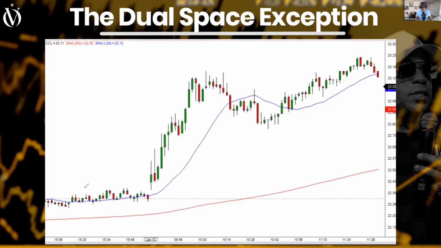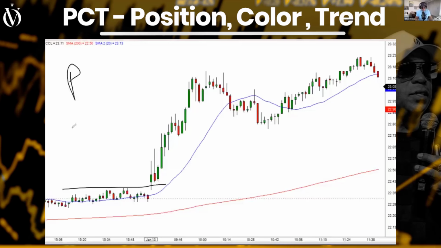Boom. Again, what's your PCT here? All right. Green takes out red. What are these tests? Position is above the moving averages in both of these color games here. Your position is in your favor. The dominant color is green. The trend is up.